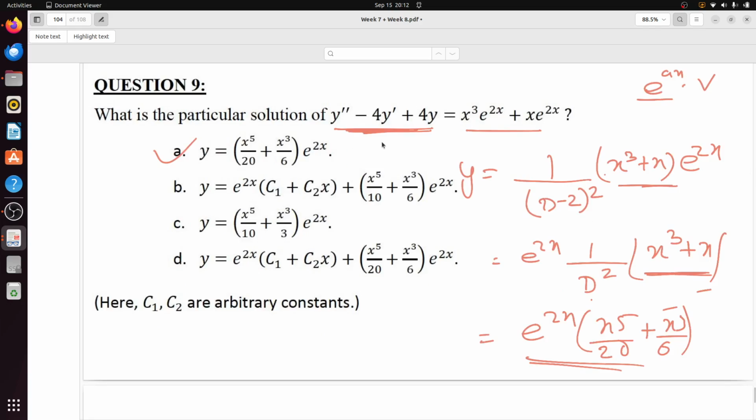So d2y/dx2 minus 4 dy/dx plus 4y will be D minus 2 whole square. And when you take this e to the power 2x outside, this D minus 2 whole square will become D square. Then you have to just integrate twice this x cube plus x term. So that will be e to the power 2x times x to the power 5 by 20 plus x cube by 6. You integrate twice, so this will be the answer.